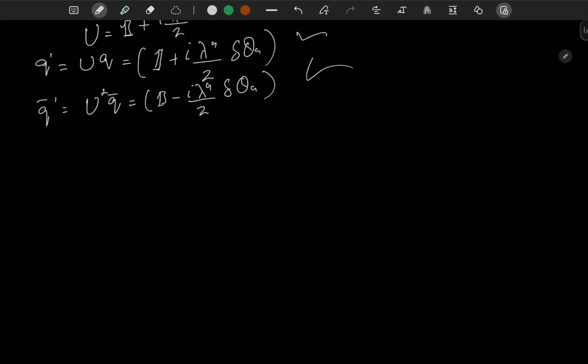And now let's see how we can write an infinitesimal variation in the color field. That will be nothing but this.